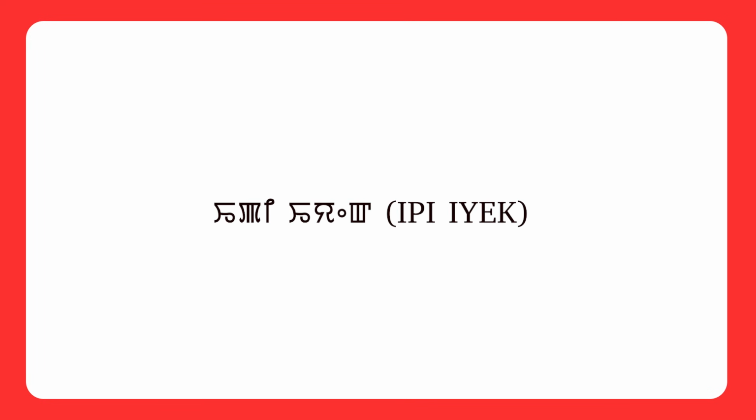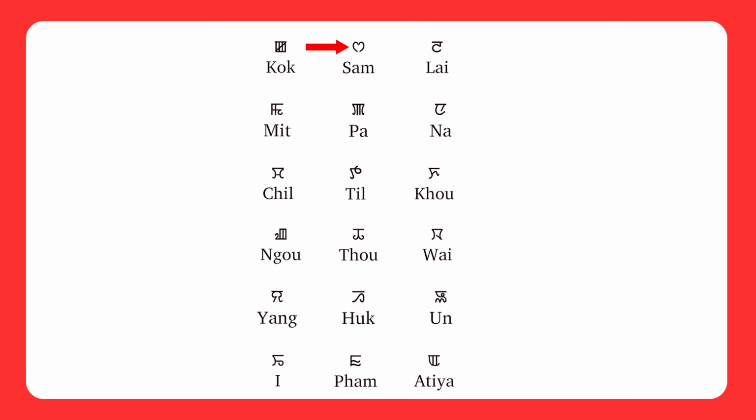Have a look at the traditional indigenous letters known as Yellow Mayek: EPEK, Kok, Sam, Lai, Meet, Pa, Na, Chil, Til, Khâu, Ngâu, Thâu, Wai, Yang, Hu, Un, E, Pham, Atia.